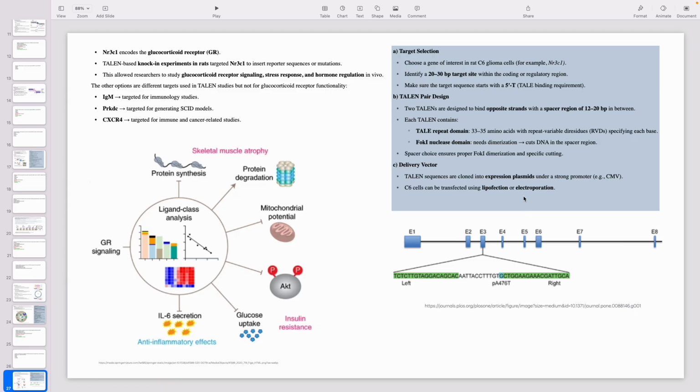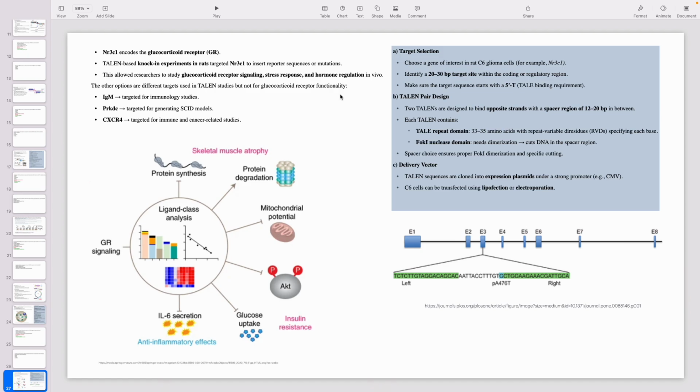Now we have introduced the mutated version of this NR3C1 gene into the rat, and then we can study the phenotype of the rat via this mutant gene, which will allow us to study the glucocorticoid receptor signaling, stress response, hormonal regulation, or other functions of these glucocorticoid receptors.